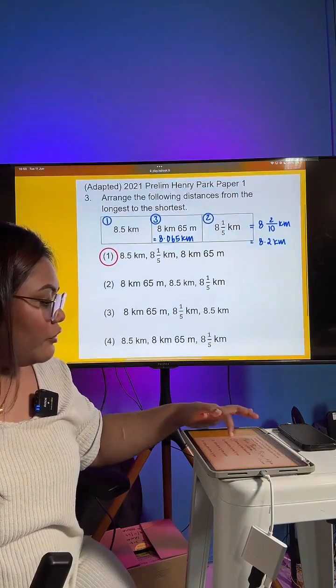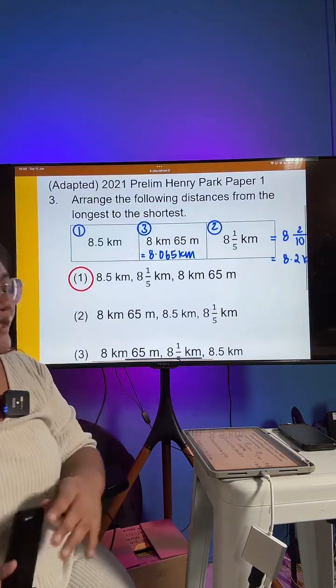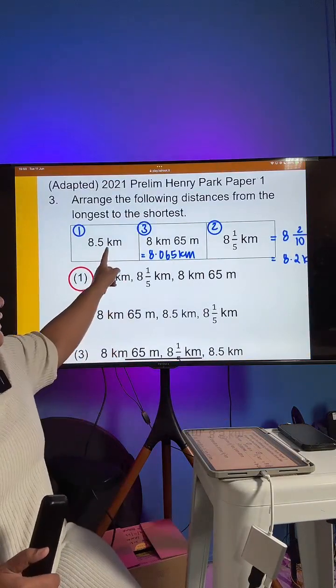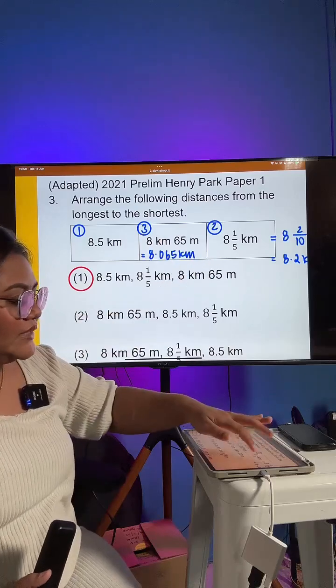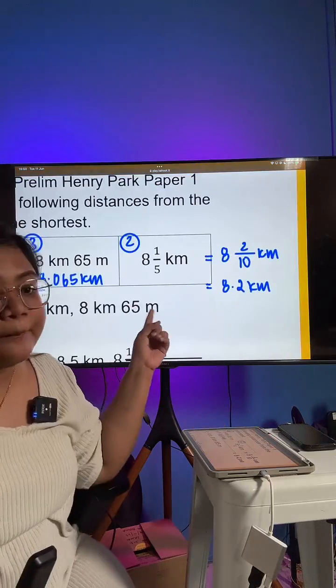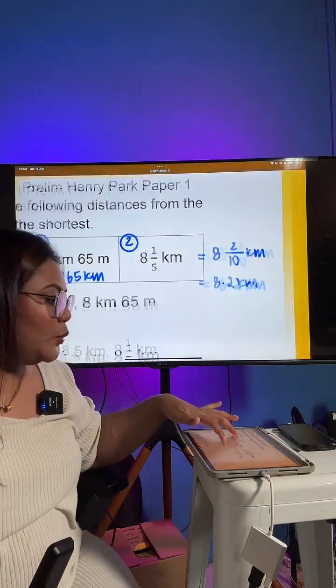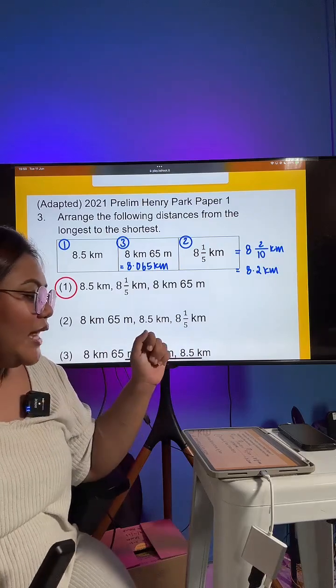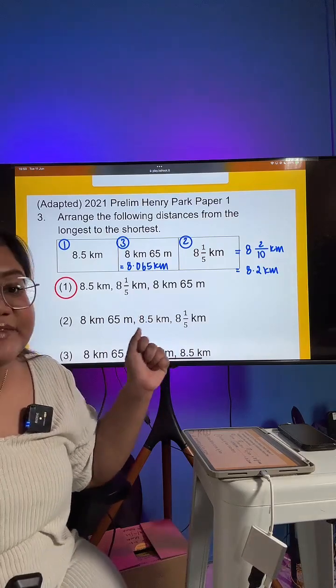So, let's go through why the first one is the correct answer here. 8.5 kilometers versus 8 and 1/5 kilometers. Let's focus on 8 and 1/5. We can change this to decimal to give us 8.2. And so we know 8.5 is greater than 8.2. Okay? And then we have 8 kilometers and 65 meters.